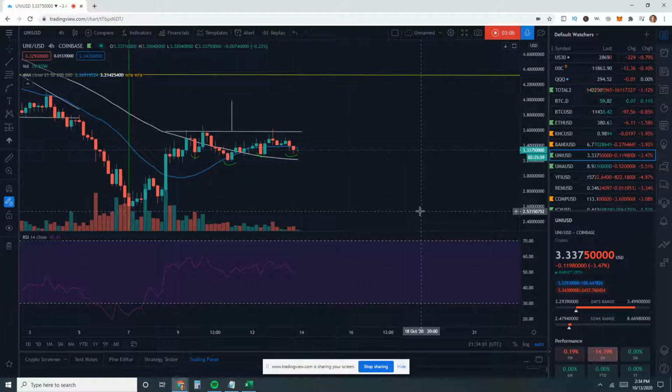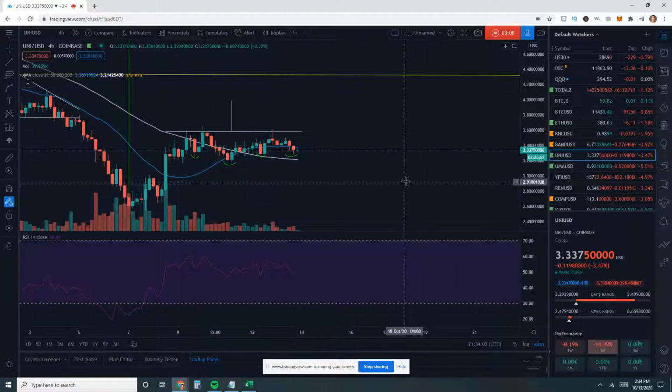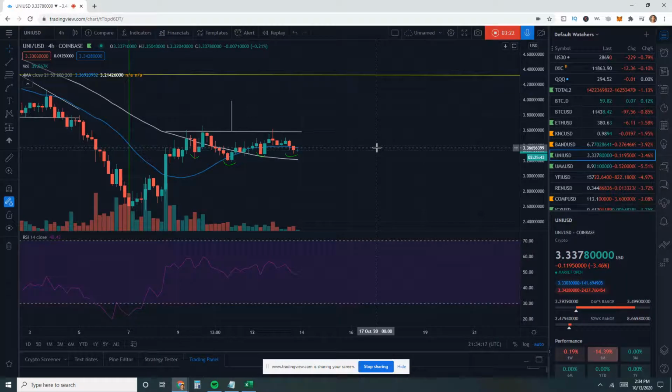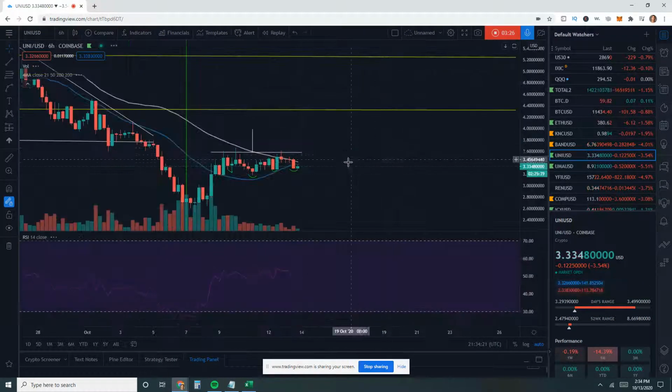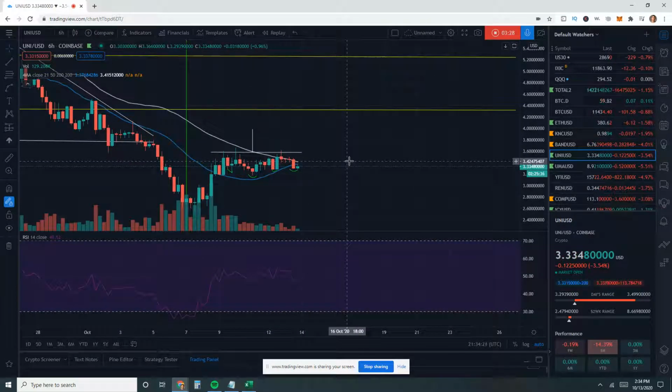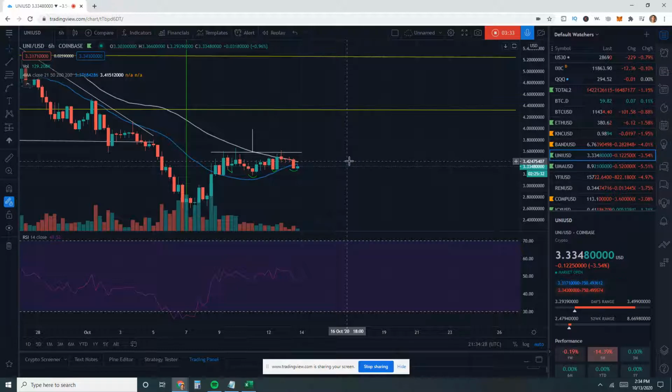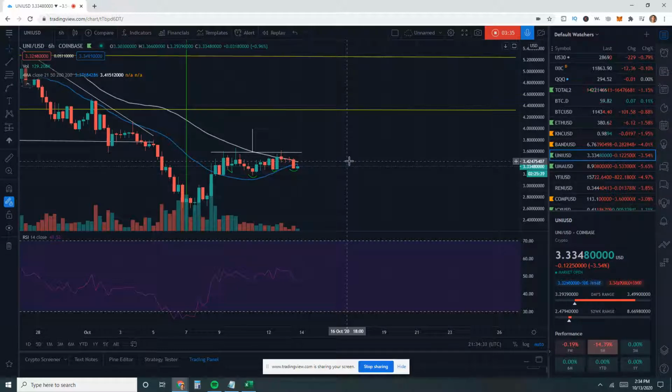Now, what are the bullish and bearish scenarios of this market right now? For the bullish case, obviously we're trying to get above this neckline right here, and we're getting held down by the 4-hour 21 moving average right here, and also by the 6-hour 50 moving average right here, and we have not closed above that.